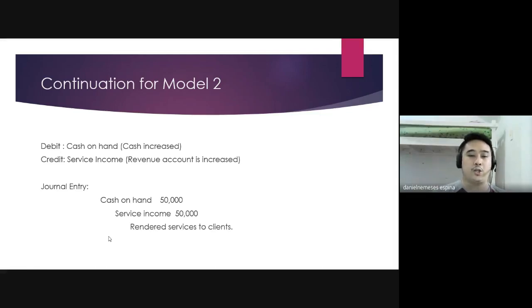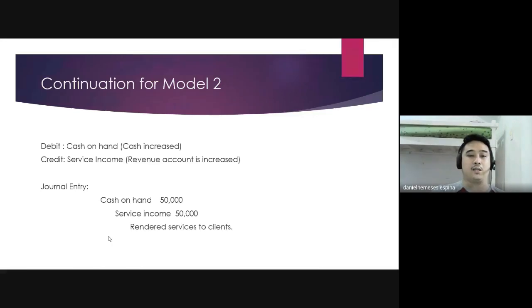Then as to explanation, you can write rendered services to clients, or collected payments from the rendered services, or collected cash revenue from the clients. So it depends. In the explanation, the bookkeeper or accountant has more freedom in what to explain.